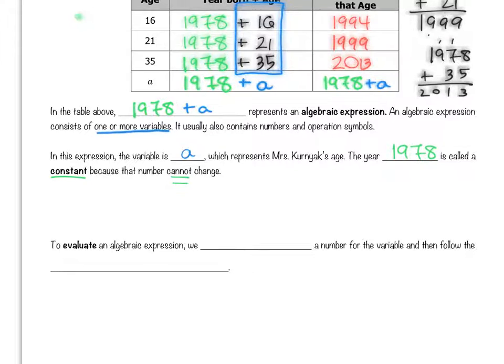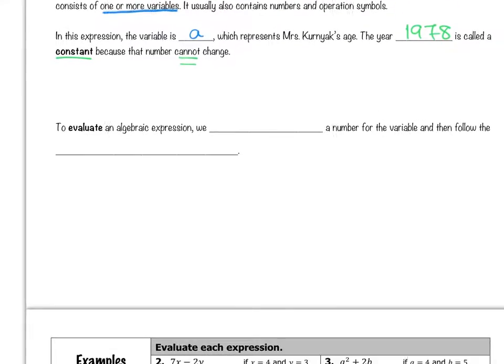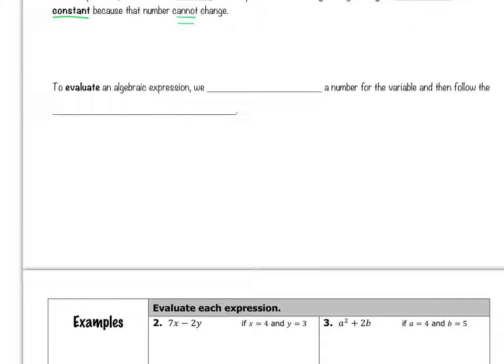So in this lesson, we're going to learn how to evaluate algebraic expressions. When we evaluate an algebraic expression, we substitute a number for the variable, and then we follow the order of operations. And so that is what we're going to practice in the examples on the back side.